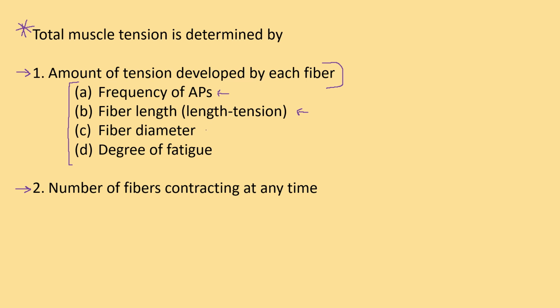Another factor that influences total muscle tension is the diameter of the muscle fiber, and we'll talk more about the different fiber types in just a moment, but the larger the diameter, the more tension that type of cell is able to generate. And then the last thing that we can add on here is the degree of muscle fatigue.